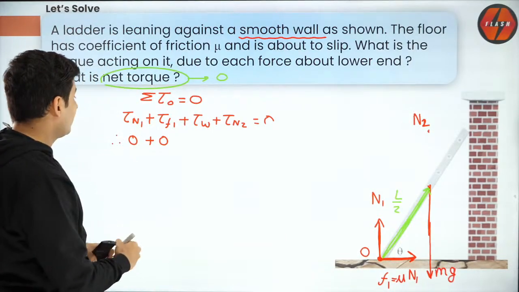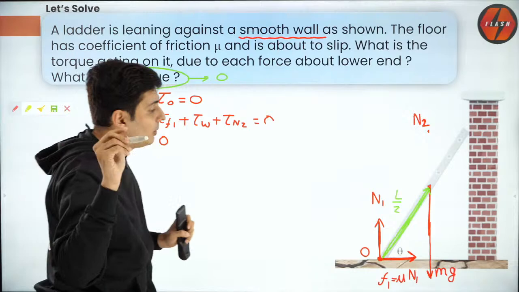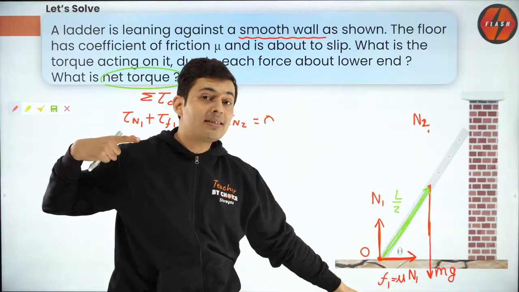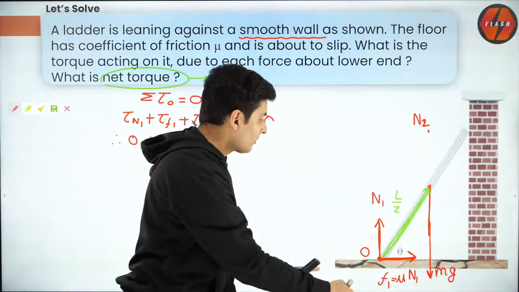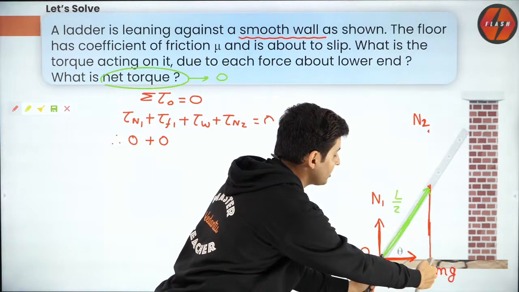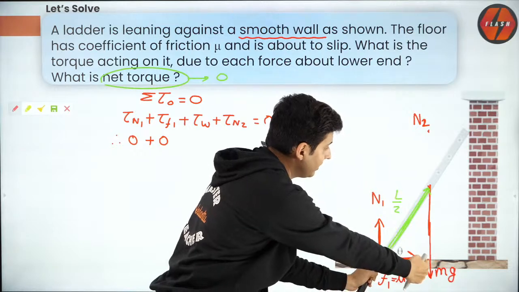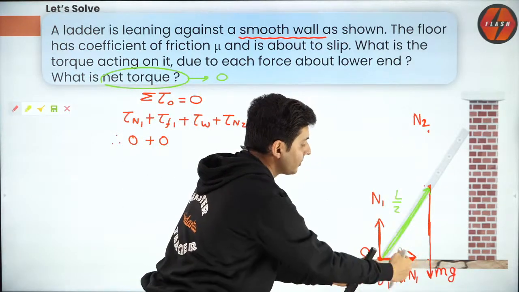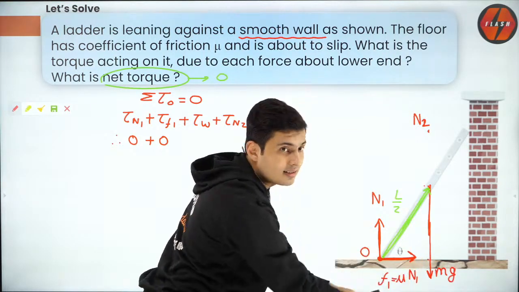Now if you use that trick, it becomes very easy to solve this problem. This is my force mg. What is the perpendicular distance on it? The perpendicular distance is only this much. Look at that. This is the perpendicular distance on that force. And how much is this? If this is L by 2, this is theta, this is L by 2 cos theta.